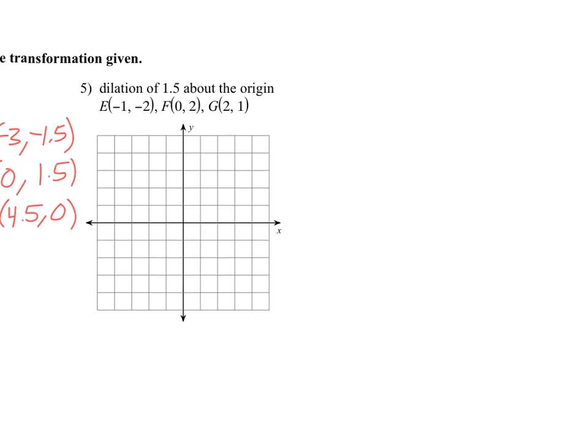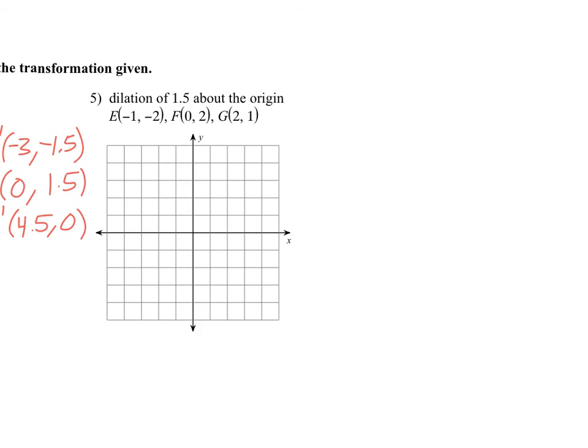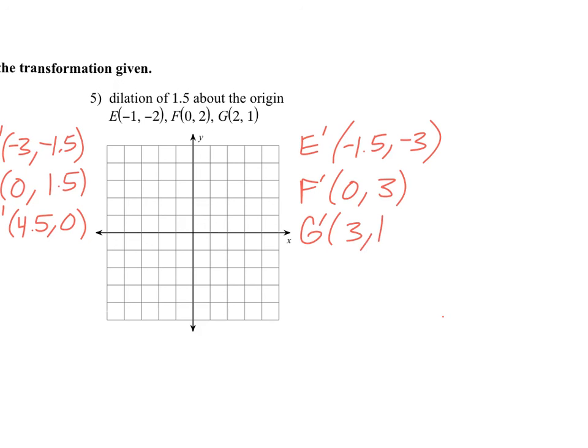Okay, so what's going to happen to this one? It's also going to get bigger. So again, I'm just going to do, this time, the dilation itself. So that's going to be negative 1.5, and that's going to be negative 3, 0, 3, and G apostrophe be 3 and 1.5.